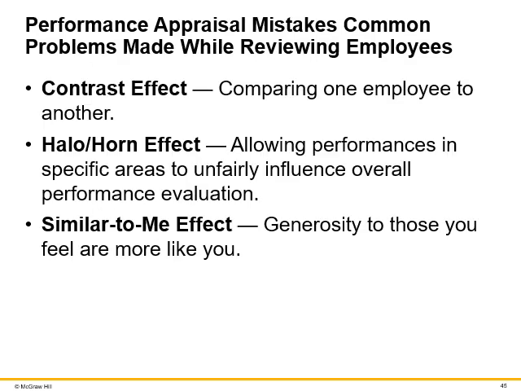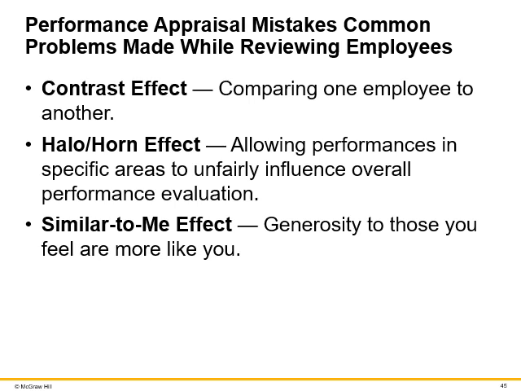This slide talks about a little bit of the problems that managers might have when giving performance appraisals to employees. The first one is the contrast effect, comparing one employee to another. This isn't really fair in some respects because everybody works differently.